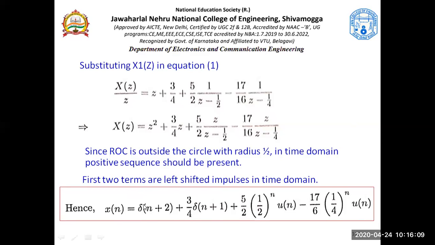Now, when would this be delta of n minus 2? Let's take that in the chat. Can you go with the chat? When can this become delta of n minus 2?